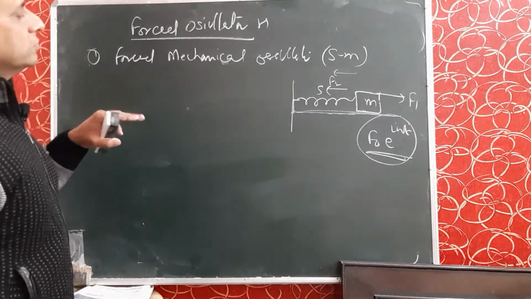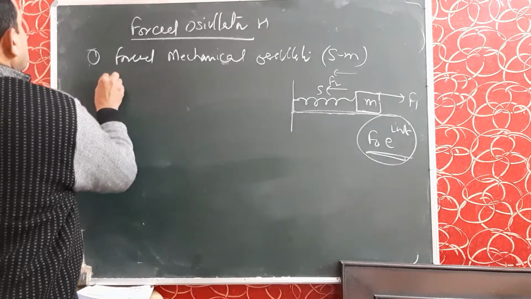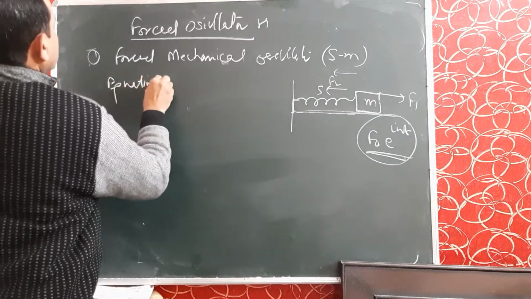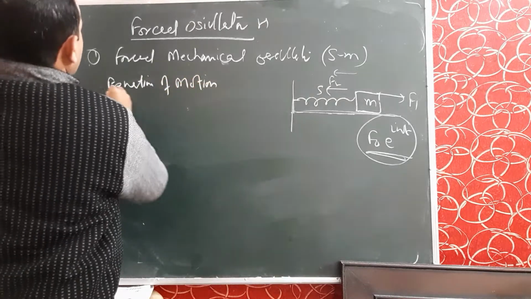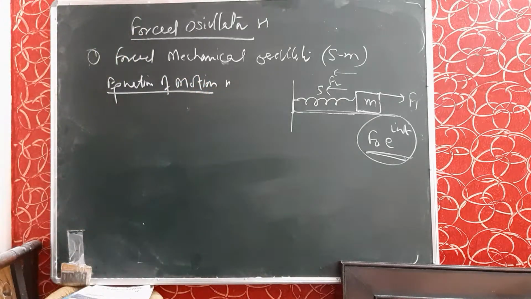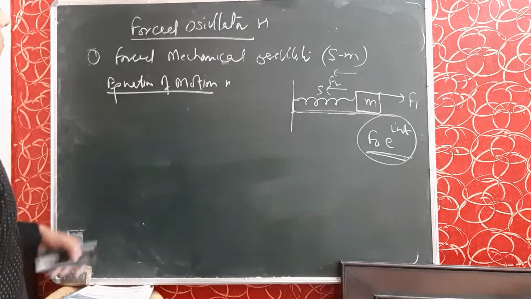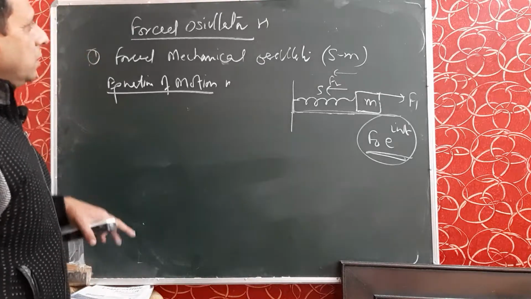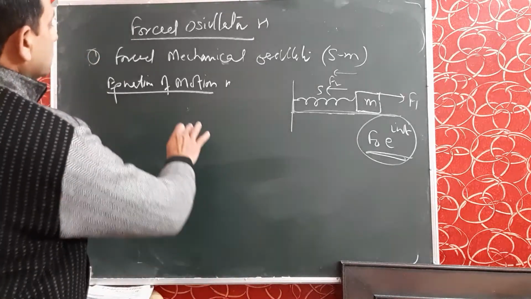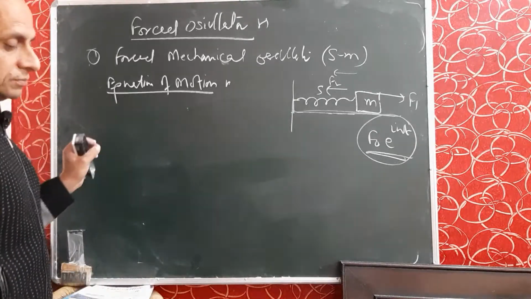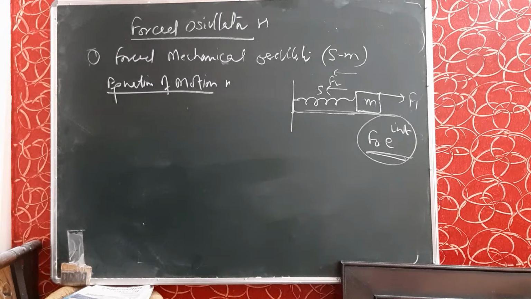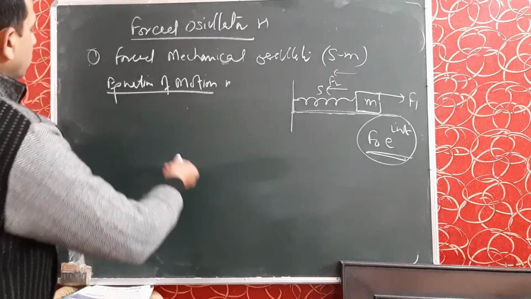So, in this case, we will derive the equation of motion for forced oscillator. So, what is equation of motion? It is the equation of force, means we will compare different forces and make an equation. That equation is called equation of motion. So, you know that in damped oscillator, the equation is force is equal to ma, because you know that there are three forces.